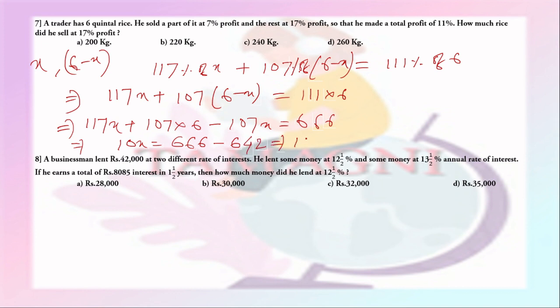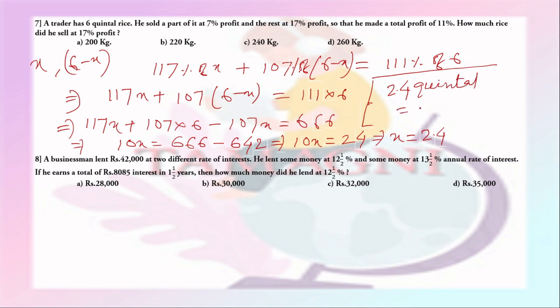This gives 10x equal to 24, which gives x equal to 2.4. So the quantity of rice sold at 17% profit is 2.4 quintal, which is equal to 2.4 into 100, which is equal to 240 kg. So option C is the right answer.